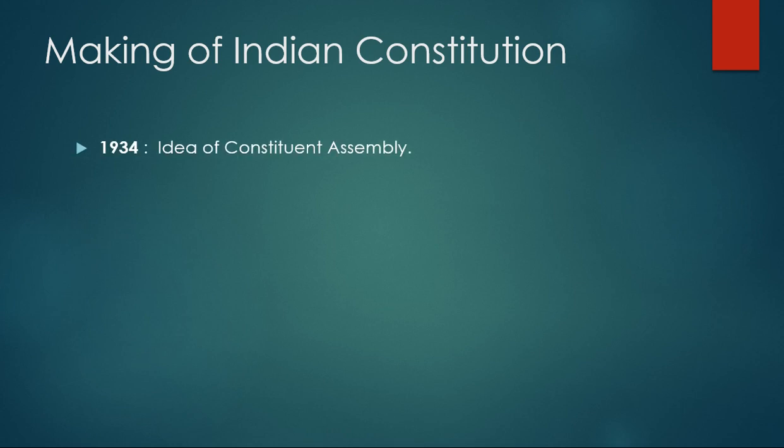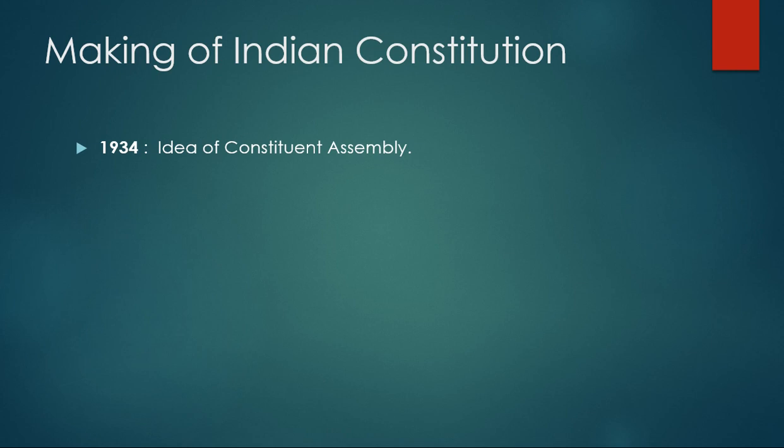First, in 1934, the idea of the Constituent Assembly arose. Constituent Assembly means the people who will be writing the Constitution of India.